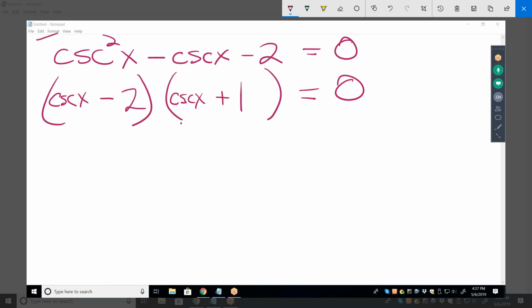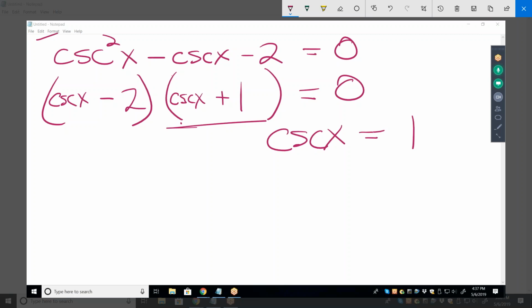Now, let's solve the fun one first. Cosecant x equals 1. Where does that occur? Think about what we did with cotangent.